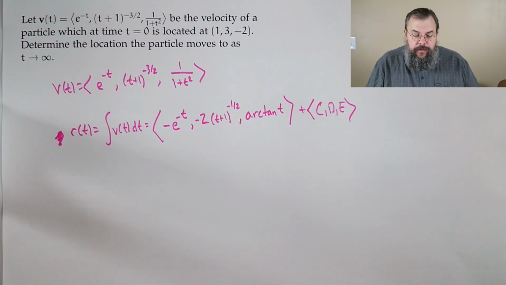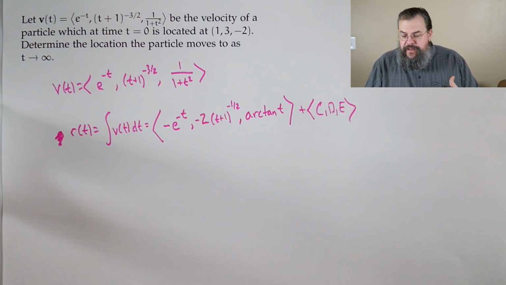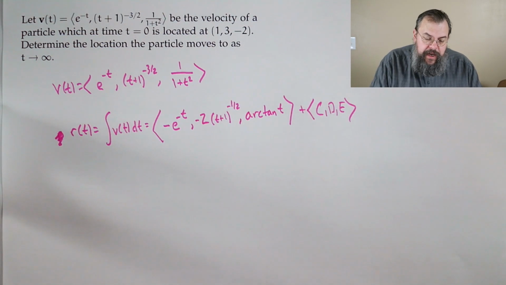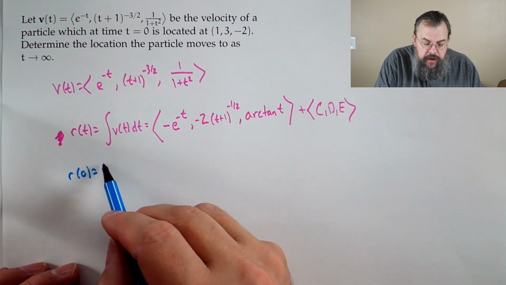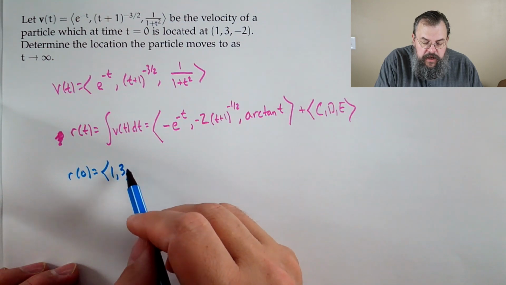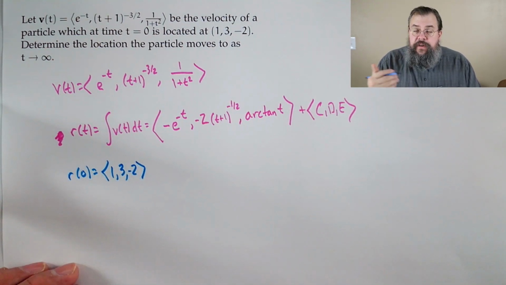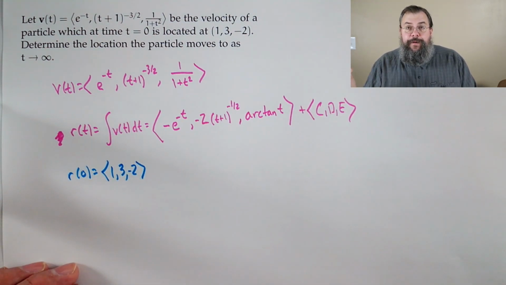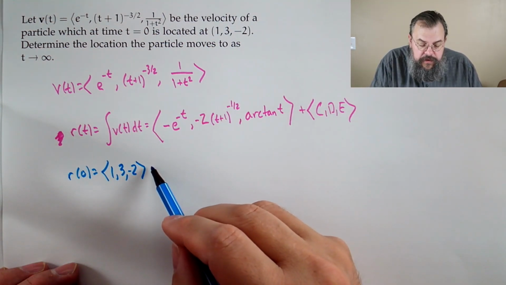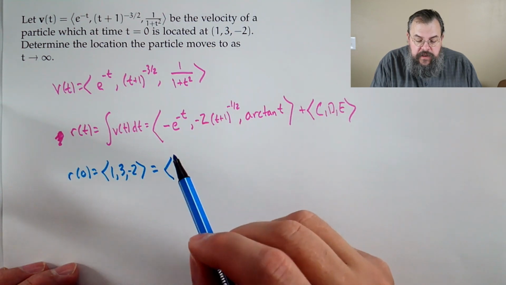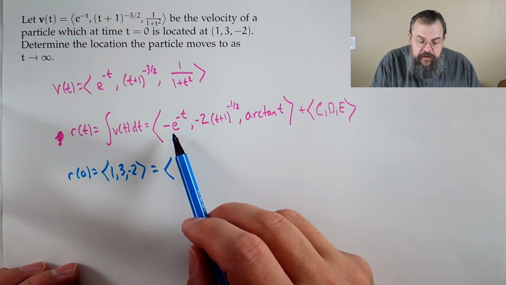Well, we know where we're at time 0. So we say, okay, at time 0, our position would be (1, 3, negative 2). We're just rewriting it as a vector, so it's compatible with how we write our function here, is equal to, okay, so plug it in. We're going to plug in 0.